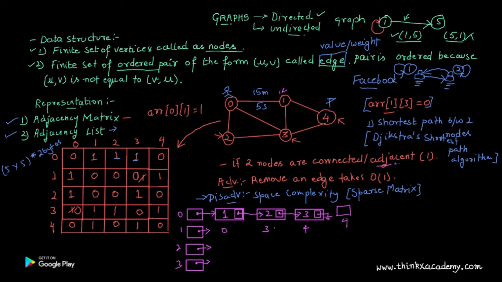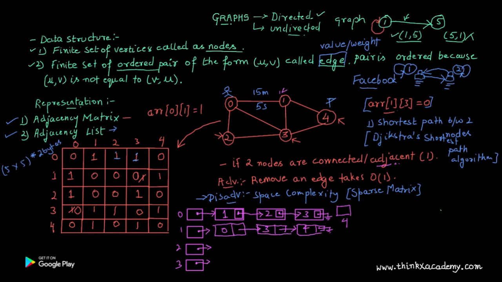Order does not matter in case of an undirected graph. So it will go like this. And similarly, you will do the same thing with the nodes 2, 3 and 4.